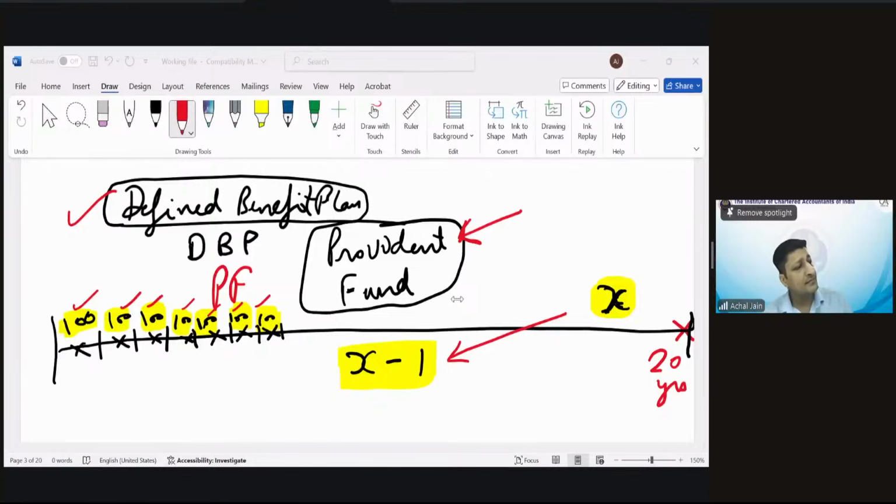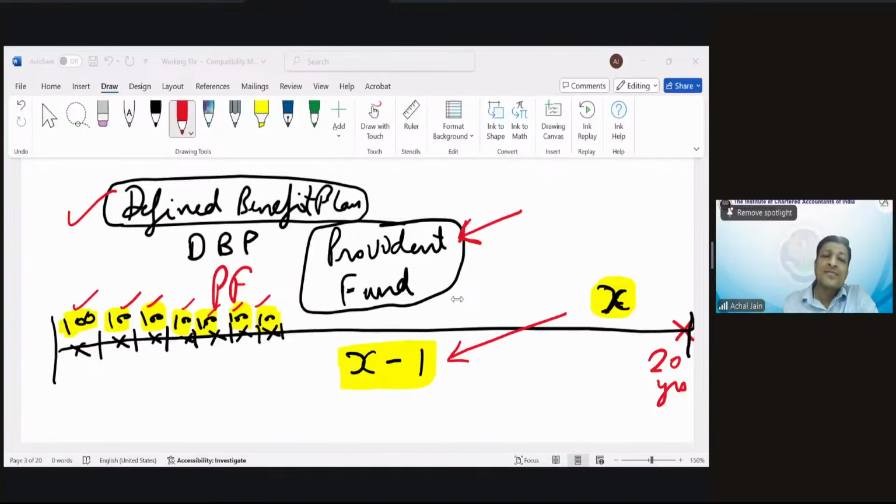Sir, does this defined benefit plan or defined contribution plan have to be calculated for every employee, or is it done on the average number of employees, or will the question be based on the average number of employees? No. There's no specified formula as such that the question will talk about average employees.